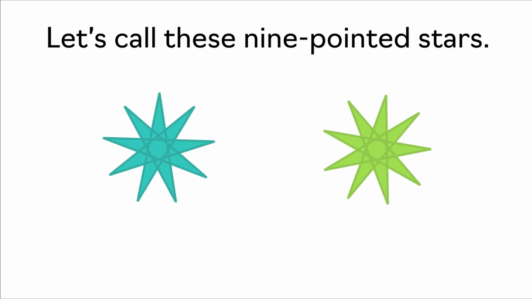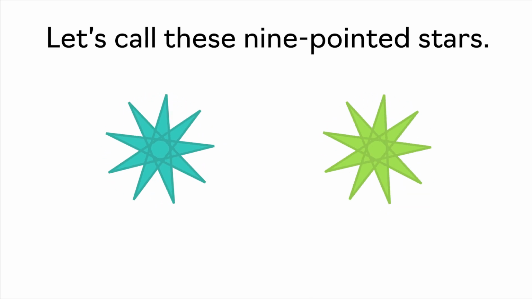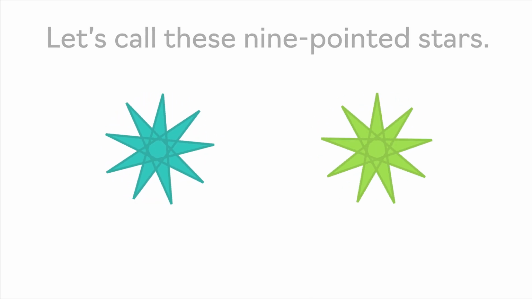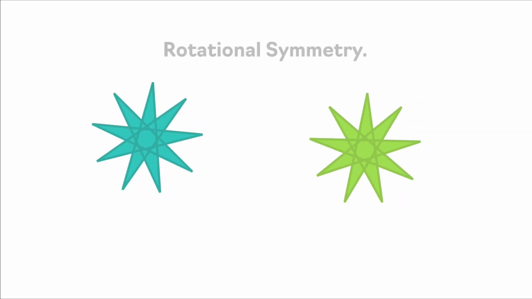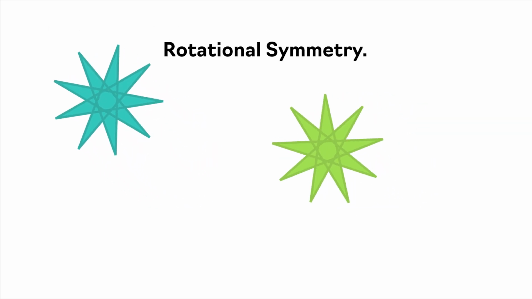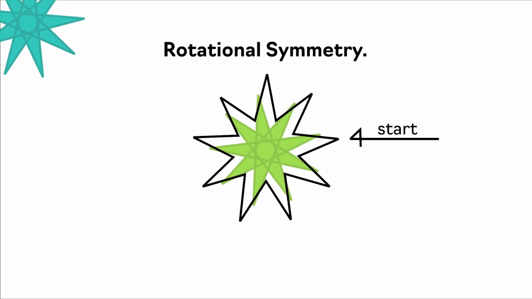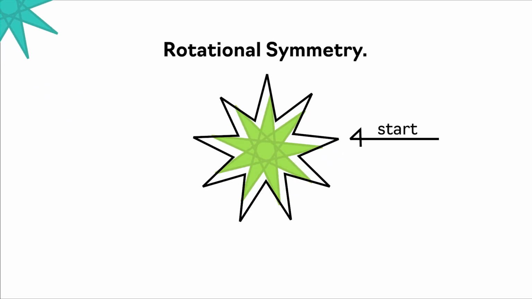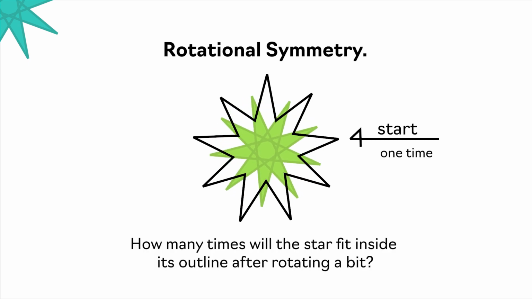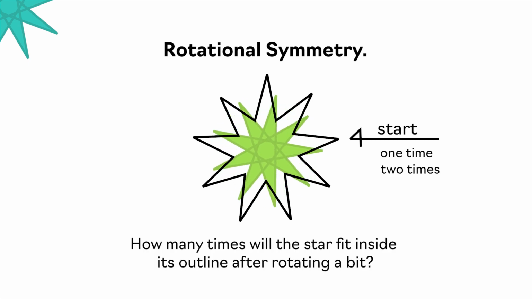These 9-pointed stars seem to show the same design as round they go. In fact, this twirly property is rotational symmetry. Use an outline as a guide, then count the times they fit inside as the star spins and turns, then to the start, the star returns.